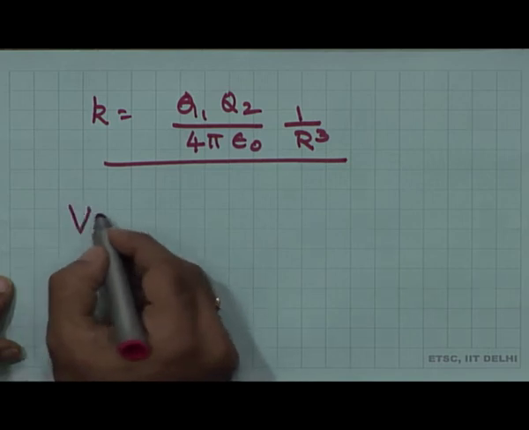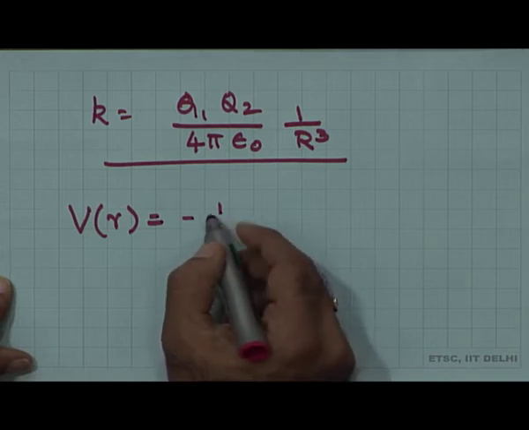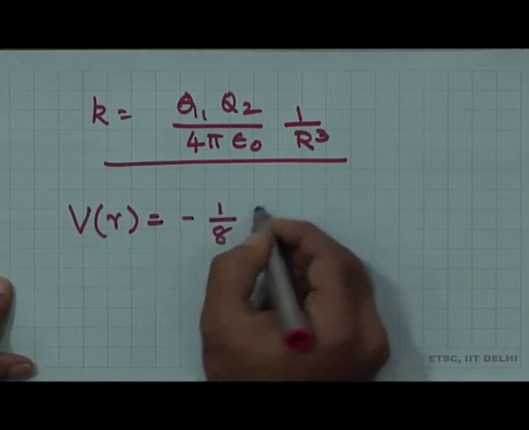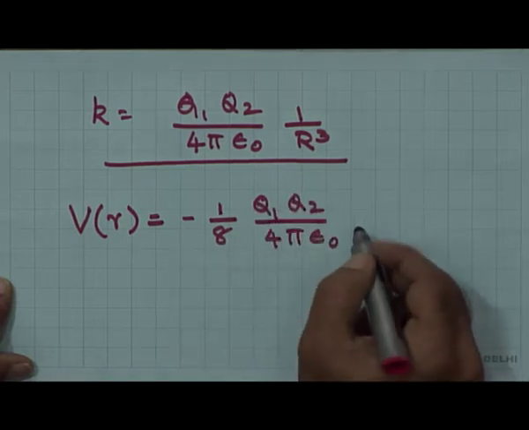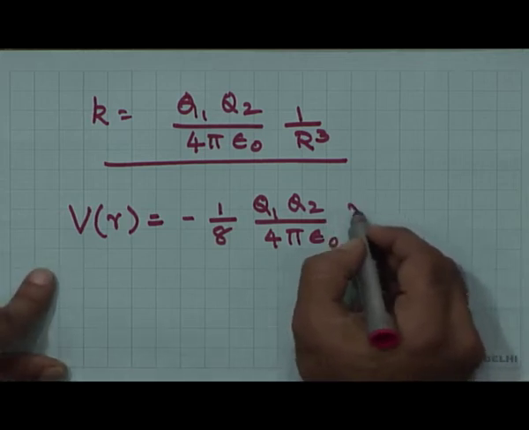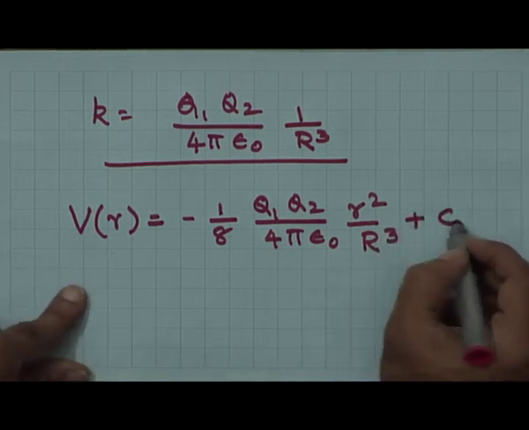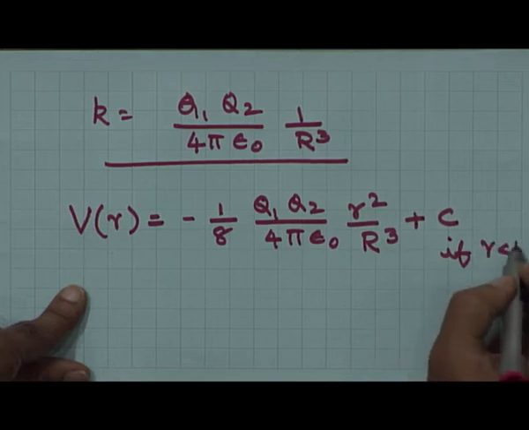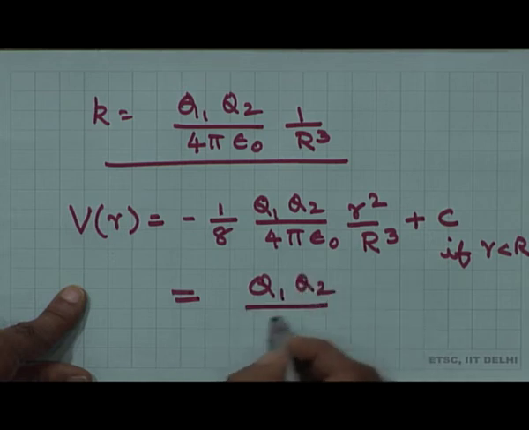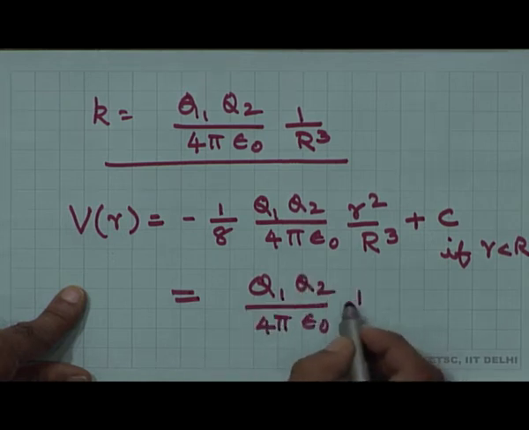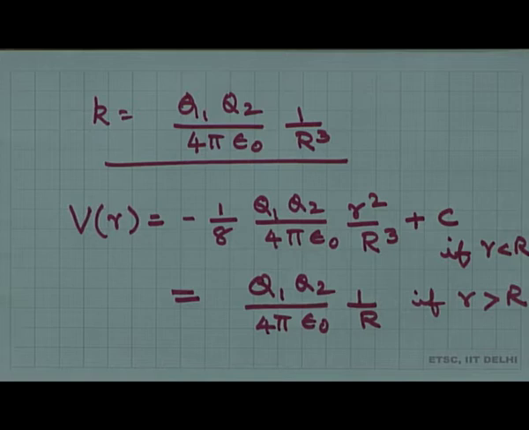So I will now write my potential to be V of r is equal to minus 1 over 8 q1 q2 over 4 pi epsilon naught into r squared by R cubed plus constant if r less than R, and this is equal to q1 q2 over 4 pi epsilon naught 1 over r if r greater than R. Now we can equate the potentials.